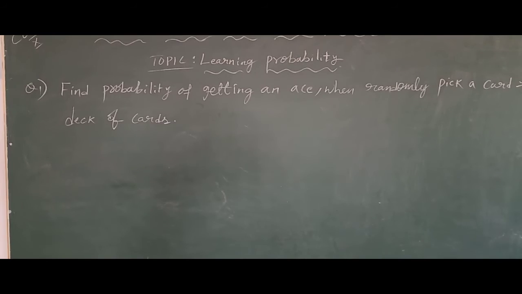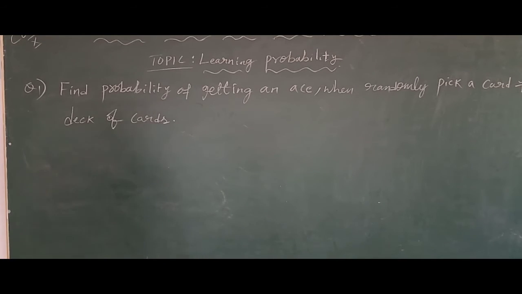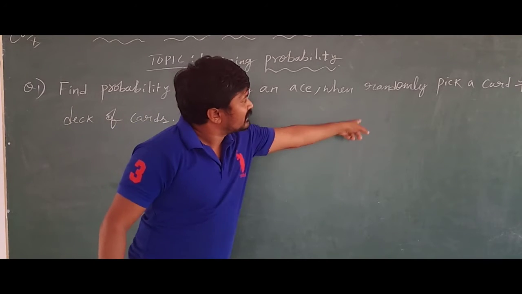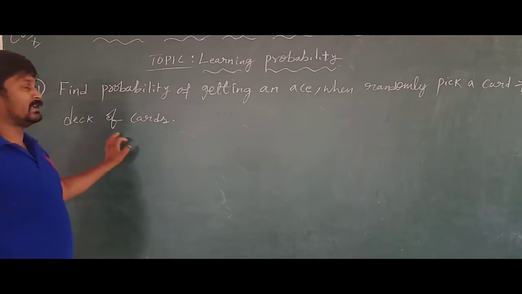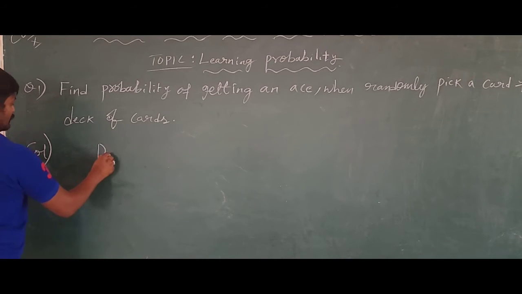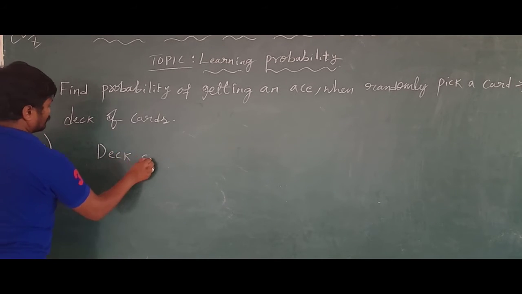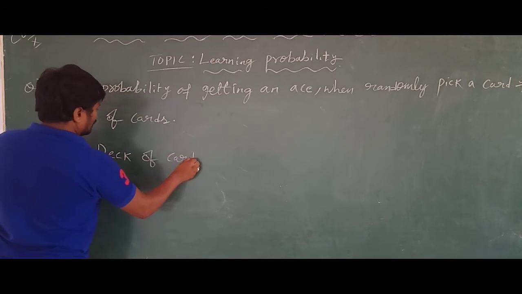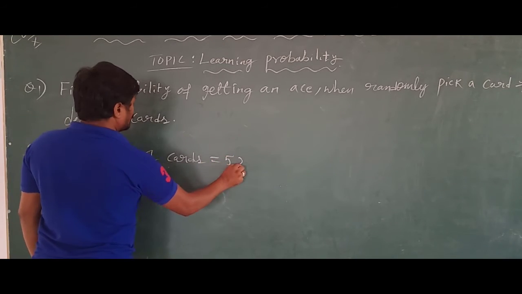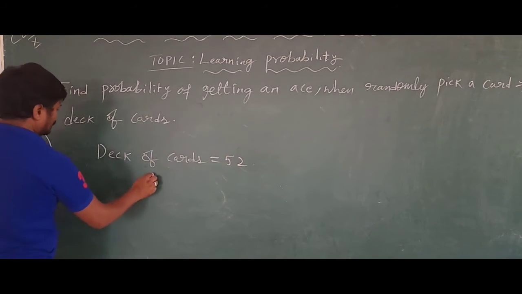Let's take one example. Find the probability of getting an ace when a card is randomly picked from a deck of cards. Solution: how many cards are in the deck, as you learned in this concept? 52. Those are the total number of outcomes, and we want an ace.